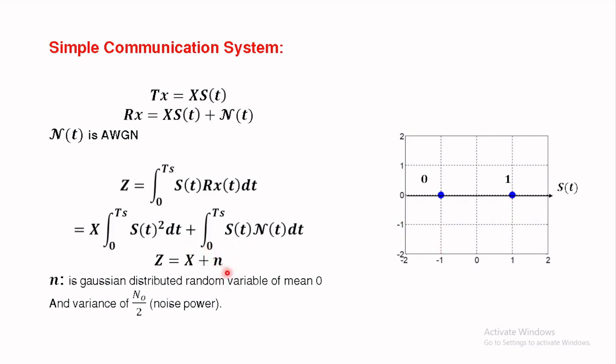This noise is defined as zero mean with a Gaussian distribution of variance N naught over 2, or power N naught over 2. And N naught is defined as the power spectral density. But don't worry about it, just think of it as some value related to the noise power, or the noise variance.